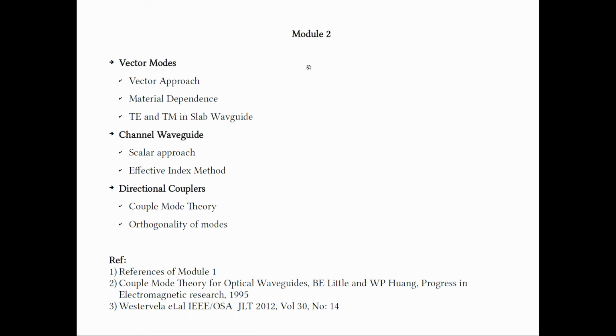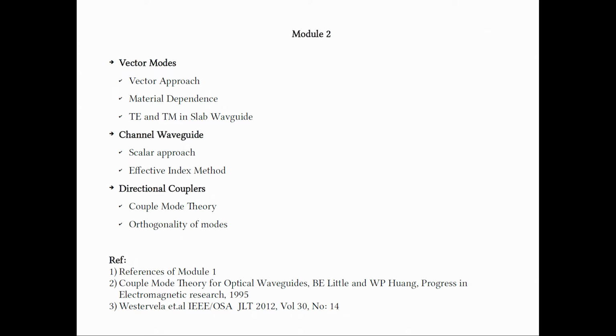So then in the module 2 we took up vector modes. So we said that the modes are vector in nature, where all the components are possible due to the nature of the boundary conditions. The waveguide can support in principle all components of the electromagnetic field, and of course depending on the geometry and many other conditions, we can reduce the modes to different ways. For example, we have TE modes and TM modes in the slab waveguide.